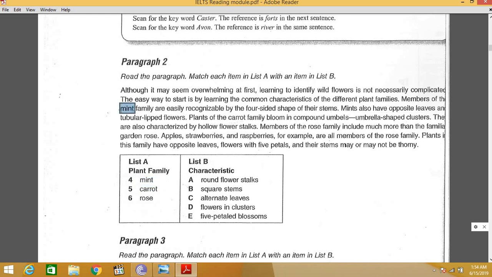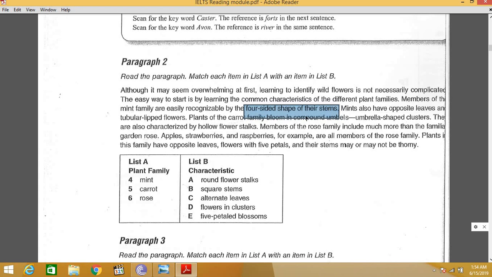Then now as I have guided you, what we have got to do is we read the sentence in which this word mint appears. Members of the mint family are easily recognizable by four-sided shape of their stems. So the characteristic is there, four-sided shape of their stems.